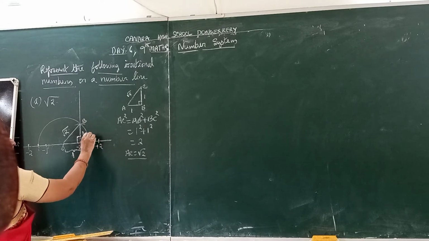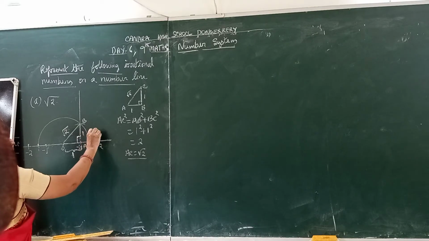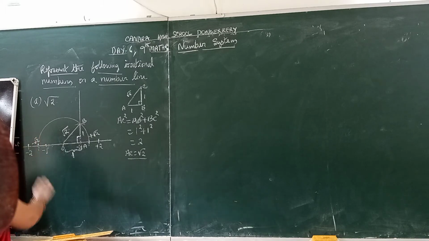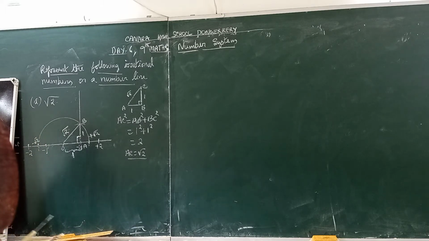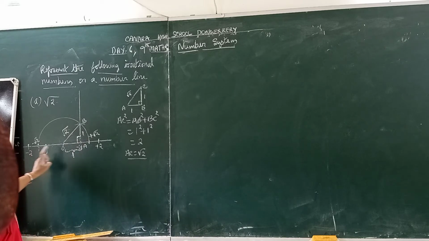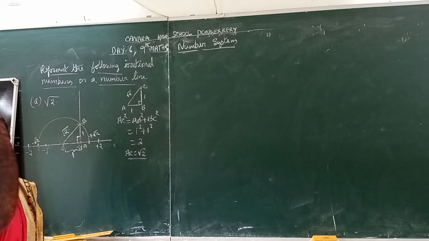Positive side is plus root 2. Negative side is minus root 2. So the point where it touches the number line is the value root 2. Plus root 2, minus root 2. Understood? Is it clear to everyone?